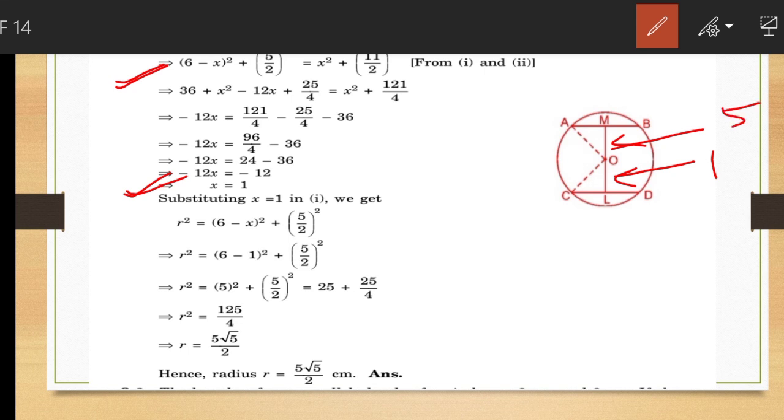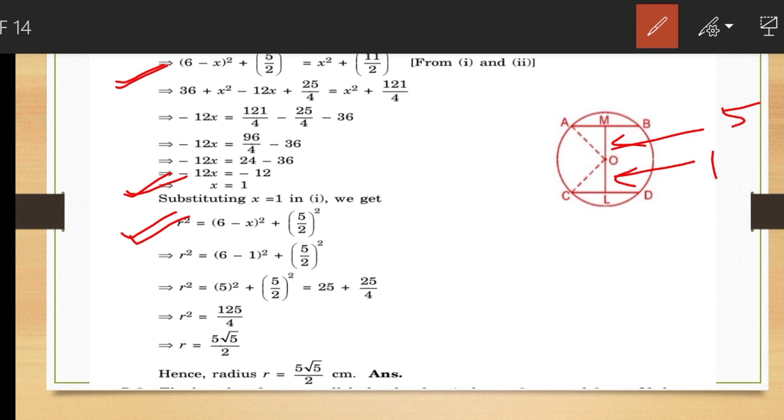Now we need to find the radius, that is R. In either of the equations, equation 1 or equation 2, if we substitute the value of x, we will get the value of R. So here we are substituting x is equal to 1 in triangle OMA.